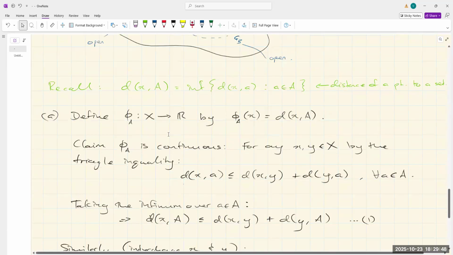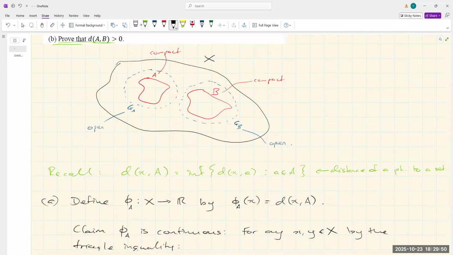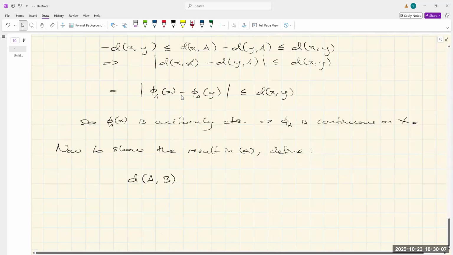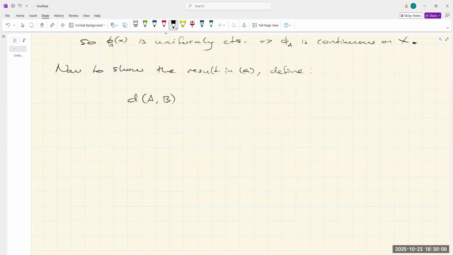Okay, so essentially what I'm doing is, these two sets, I'm getting the distance between them. So this thing here, this is the distance between A and B. So I'm going to define the distance between A and B. You remember what it is.